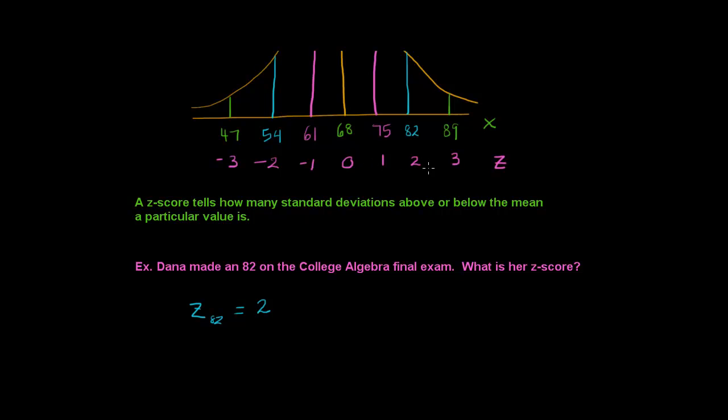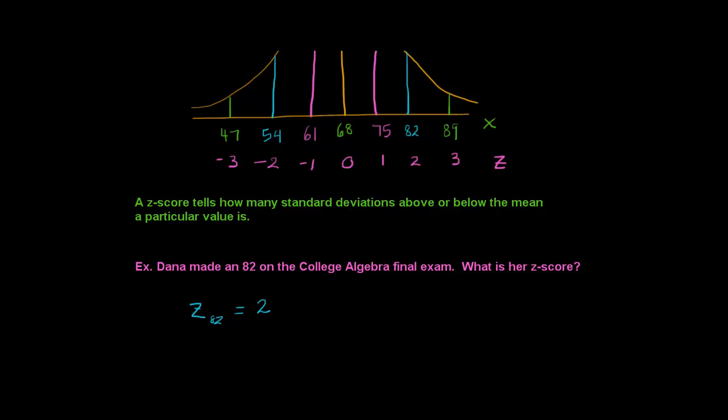Notice that if it's above, we get a positive number. If it's below, we get a negative. So knowing that someone's z-score is positive means we automatically know it's above the mean. Or if it's negative, we automatically know it's below the mean.